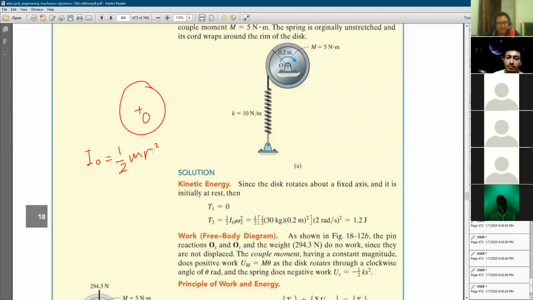But if it is somewhere else, let's say A, orbiting this point A, either this way or that way, then you will use notation A, making sure that this is our center of rotation. Then it becomes half m r square plus m d square. D is from here to here. Clear?